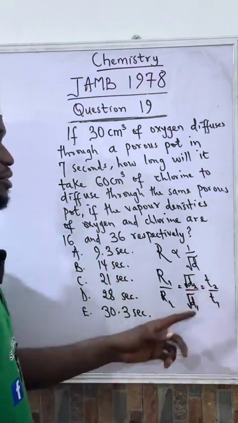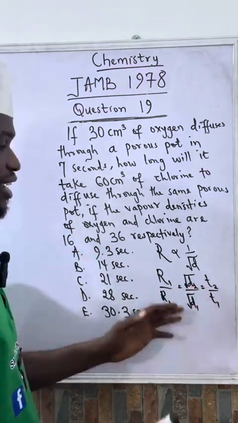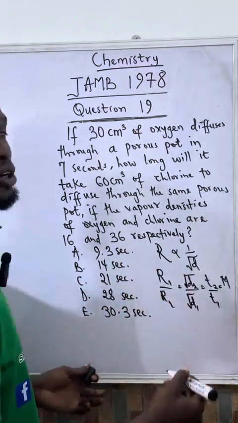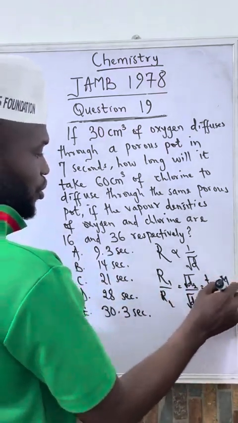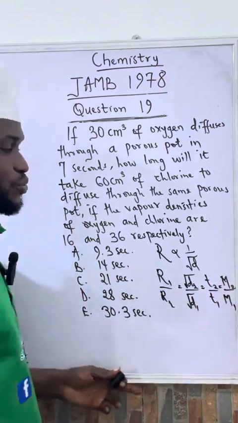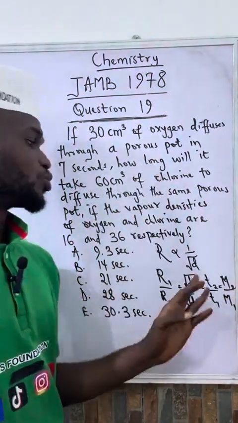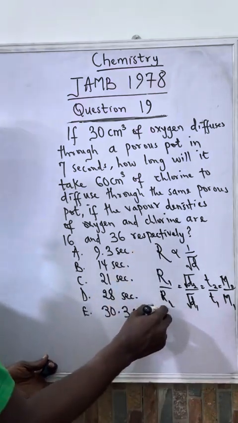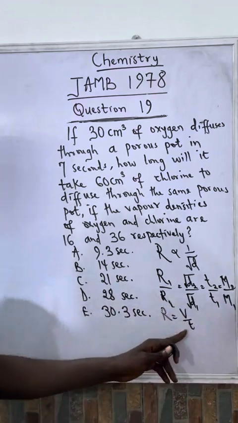That is the time it takes the second gas over the time it takes the first gas. And at the same time, the molecular mass of the second one all over the molecular mass of the first one. So once you know all this formula, you are good to go in this question. Another thing you need to remember is that rate of diffusion is equal to volume of gas all over the time it takes.